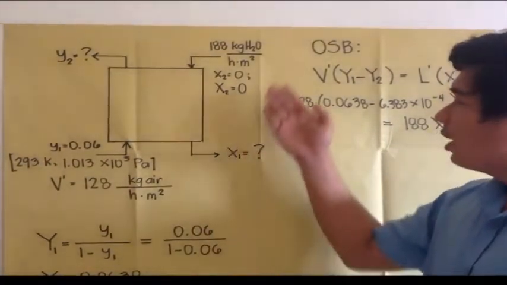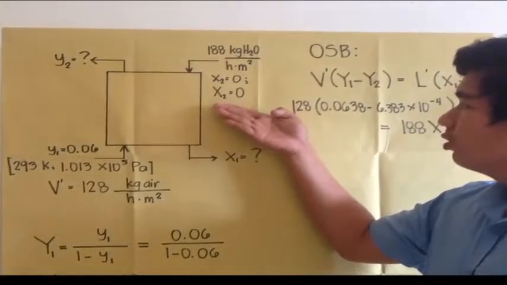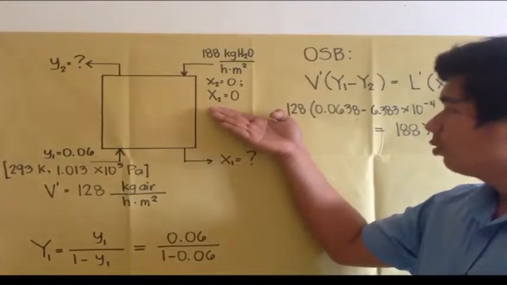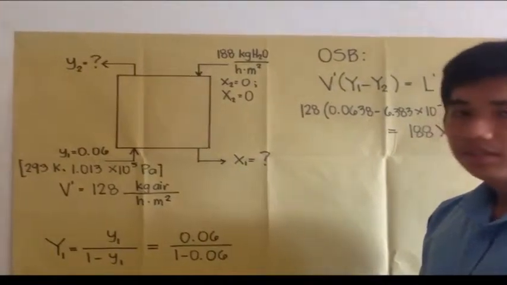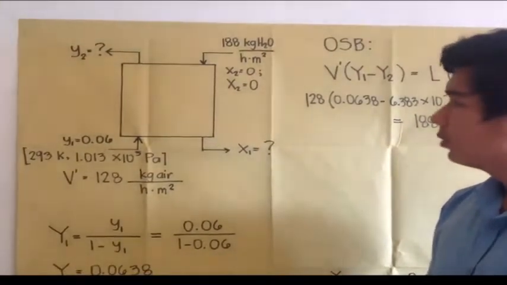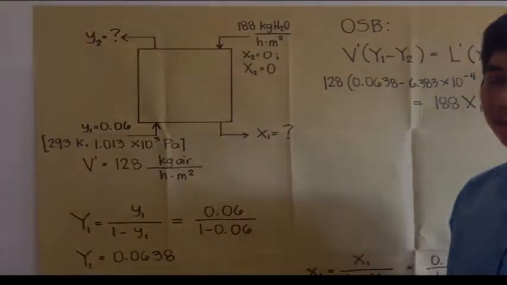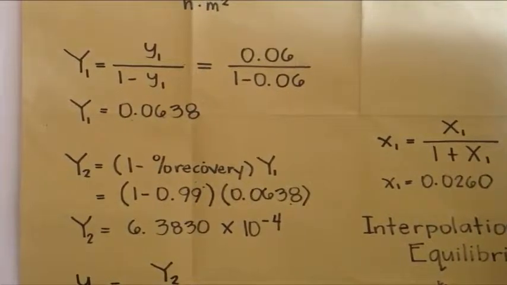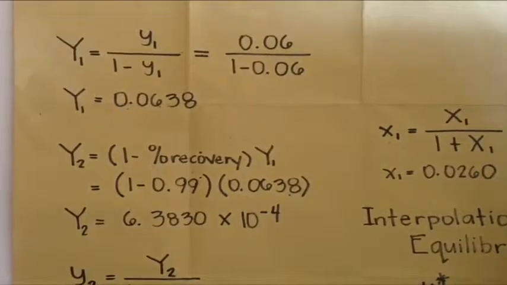Again, our entering liquid is pure water, so our concentration of the solute is 0. Like the second problem, the concentration and the amount of the effluents are unknown. Again, we will get the values for our overall solute balance.